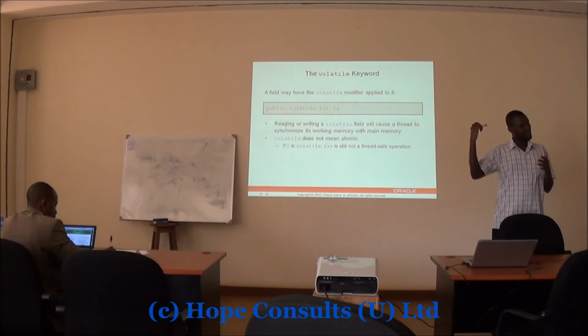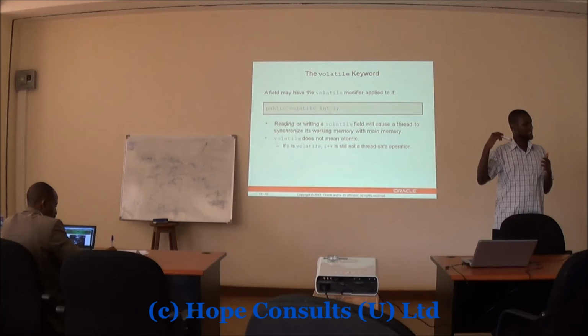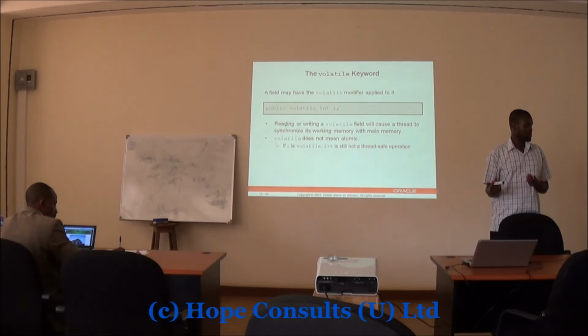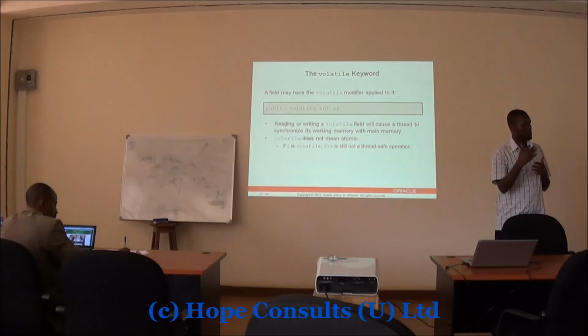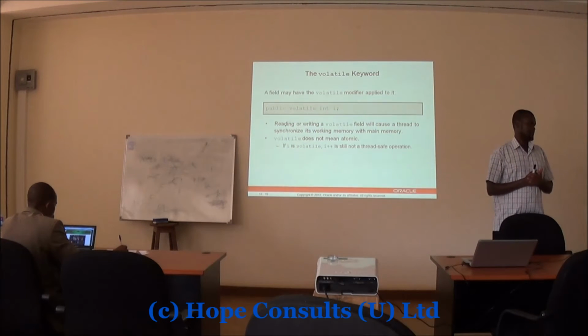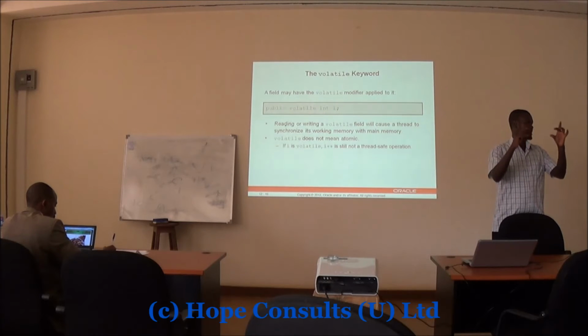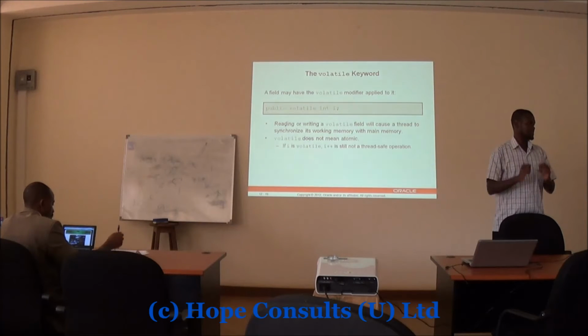And the other thread already knew that the size is 10. Now it's 9. So you will have an exception, array out of bounds. So we are trying to reduce that type of conflict for data that are accessed globally by several threads.